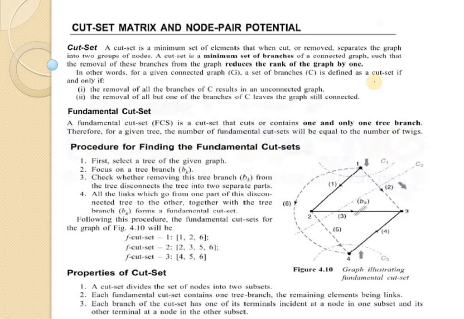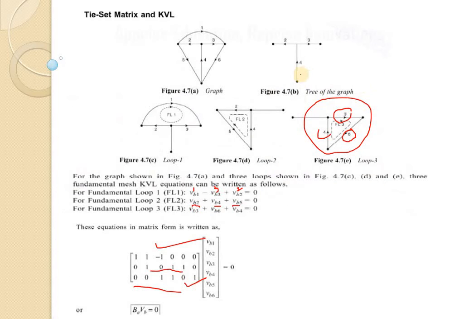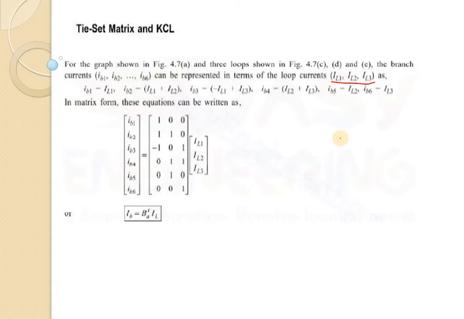That means the currents here IL1, this will be IL2, and this current will be IL3. In that way we can form the loop currents also.